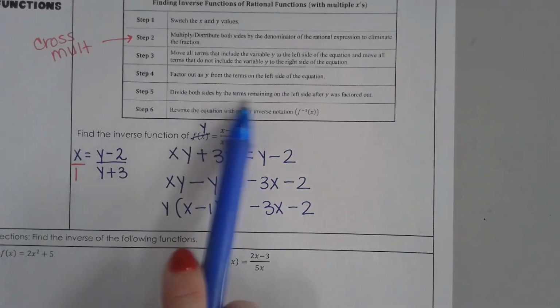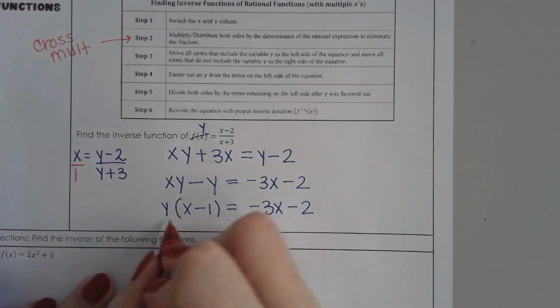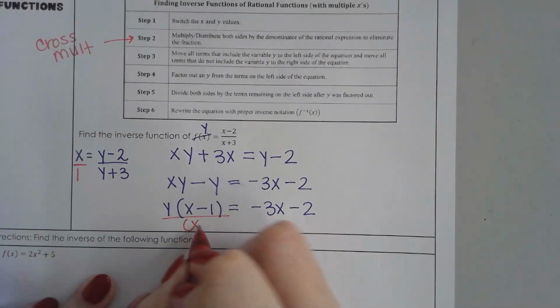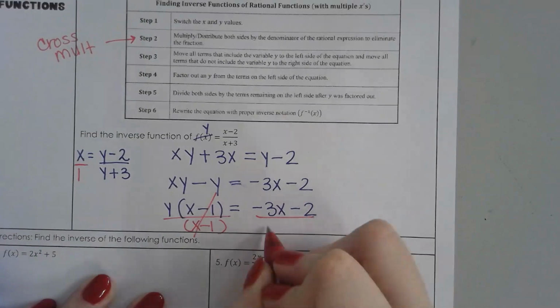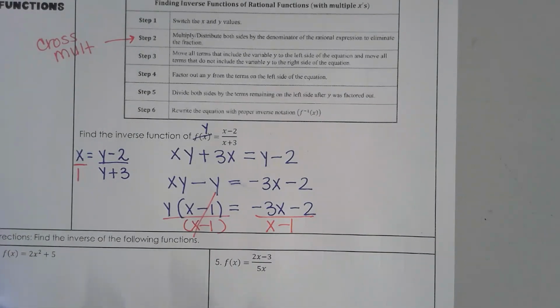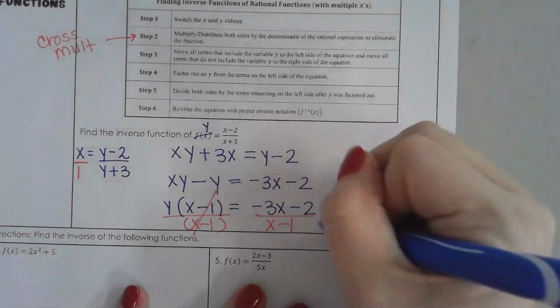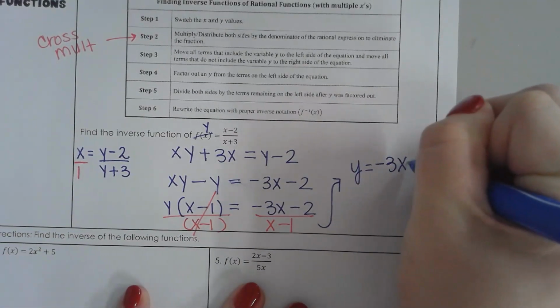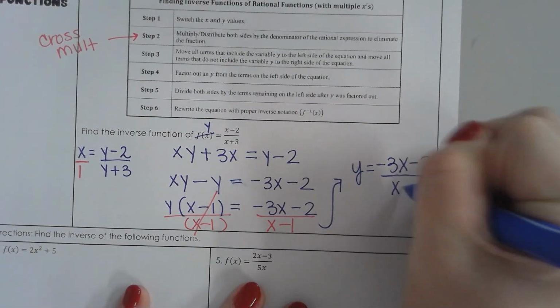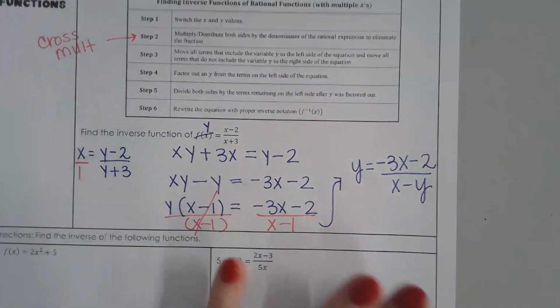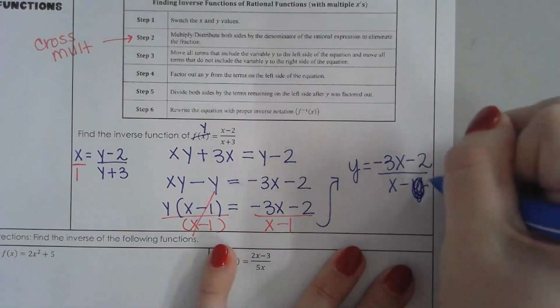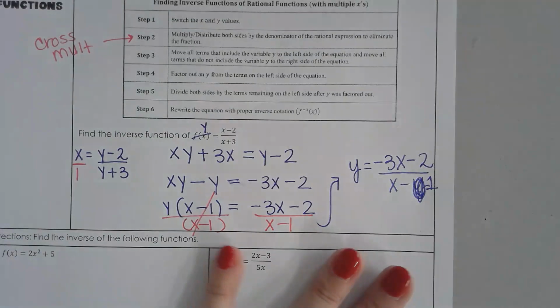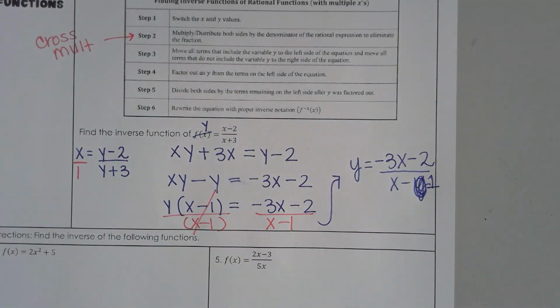And then we're going to divide both sides by x minus 1, and that gets your y by itself. X minus 1, not x minus y.